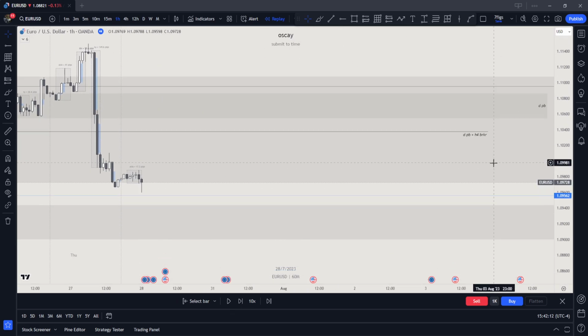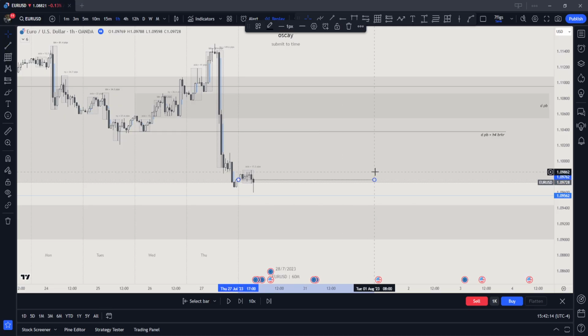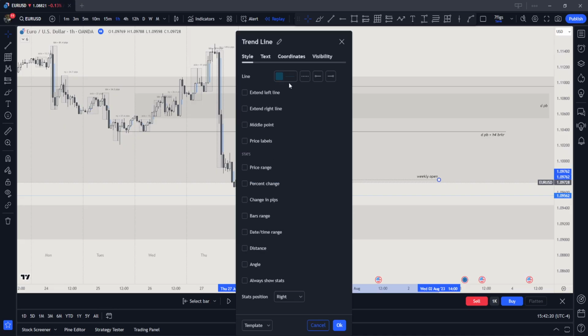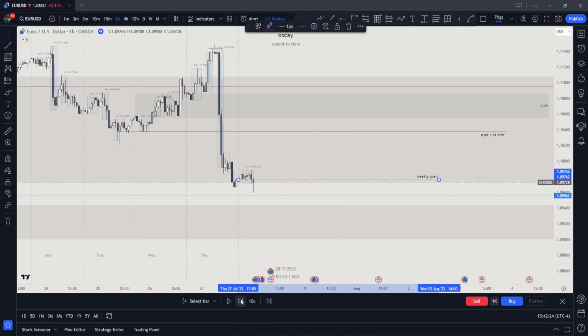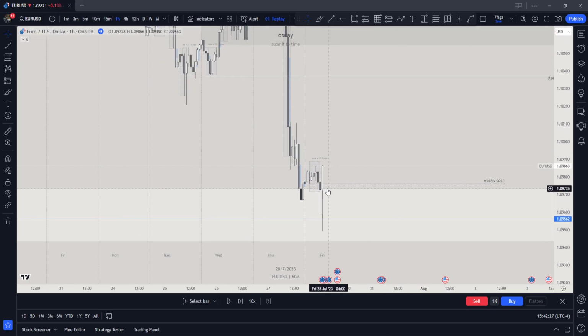Now I want to mark out my weekly and daily opens. The weekly open right here. And then my daily open right here.